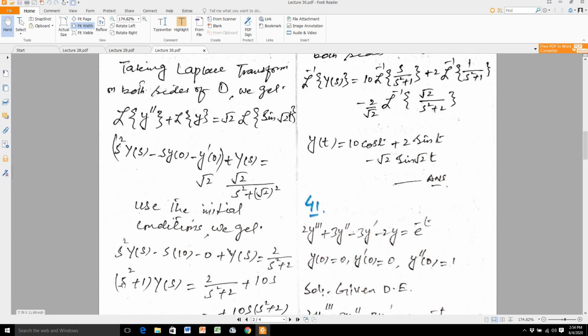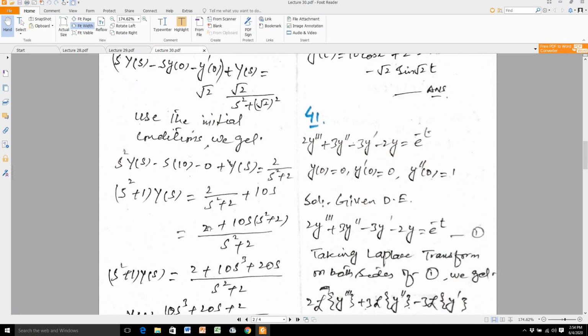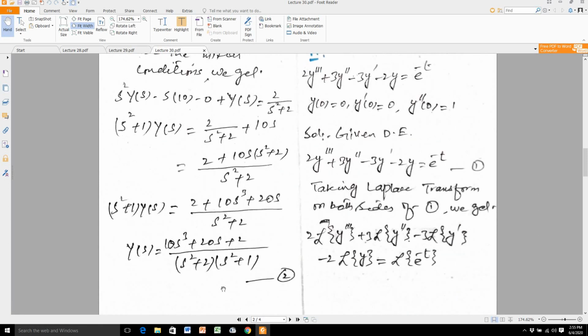Collecting the common terms, we get s square plus 1 into capital Y of s is equal to 2 over s square plus 2, and we take this 10s towards the right side. When we simplify this, we get s square plus 1 into capital Y of s is equal to 2 plus 10s cube plus 20s divided by s square plus 2.